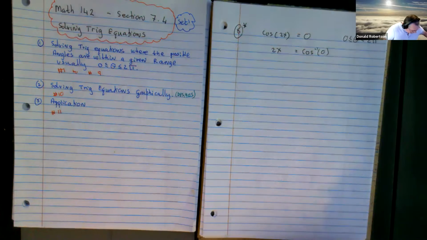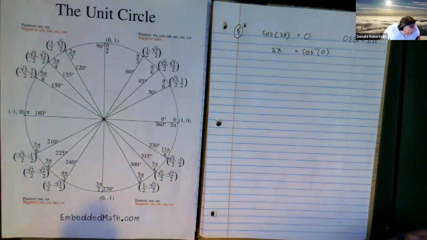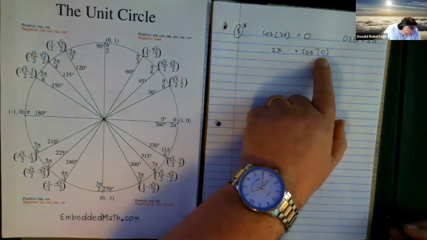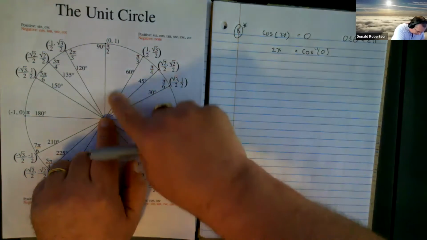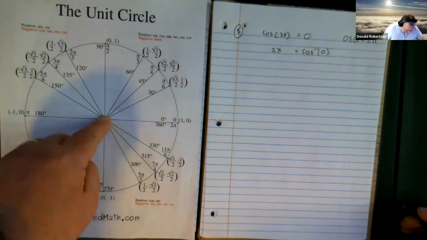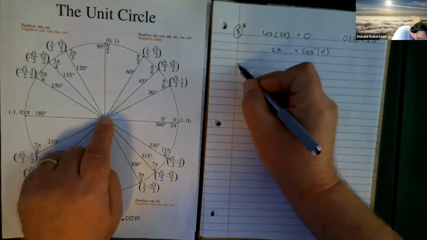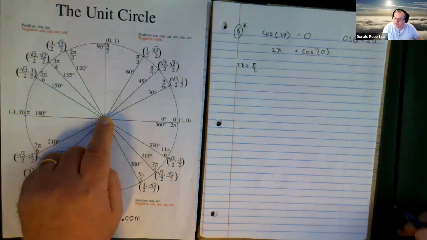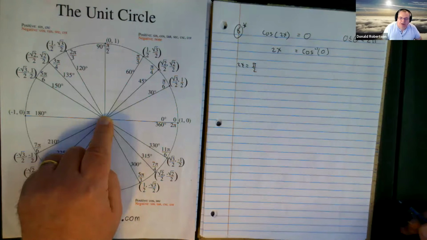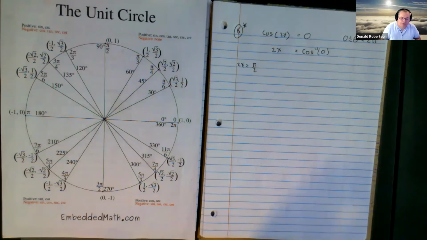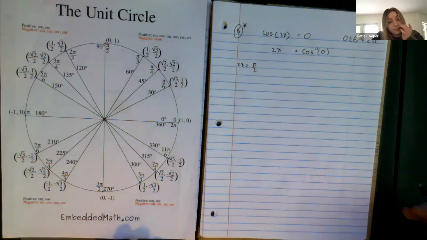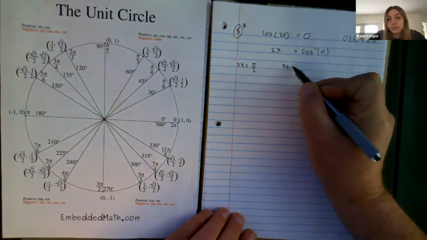Now, if we go to our unit circle and we find an x coordinate of 0, would you agree the answer you get is pi over 2? You agree? Where else would you get an x coordinate of 0? 3 pi over 2.